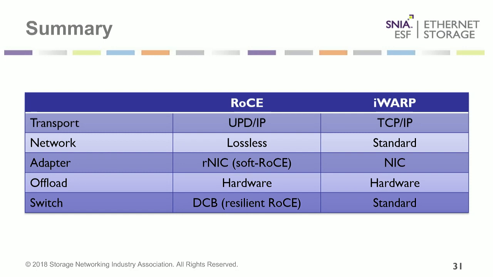In terms of the switch, ROCE is usually deployed on a switch that supports DCB, though with resilient ROCE, you no longer need all the DCB features. And with iWARP, there's no special requirement on the switch as any standard switch because they all speak TCP.